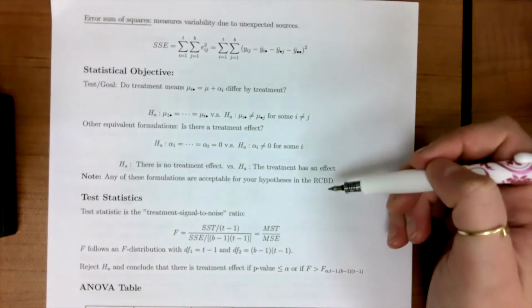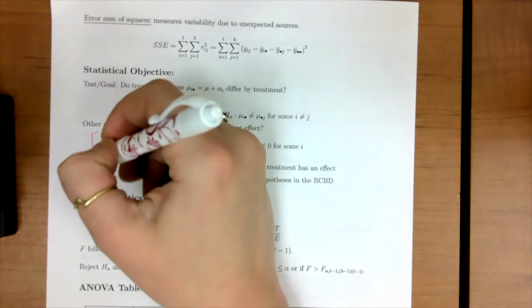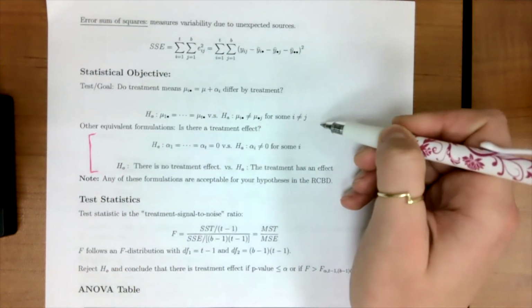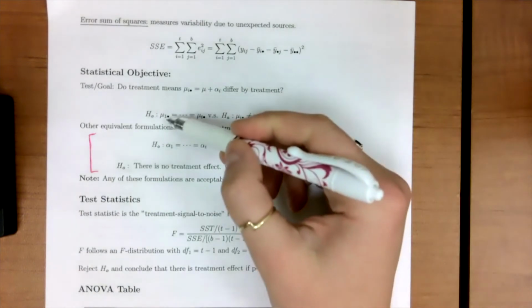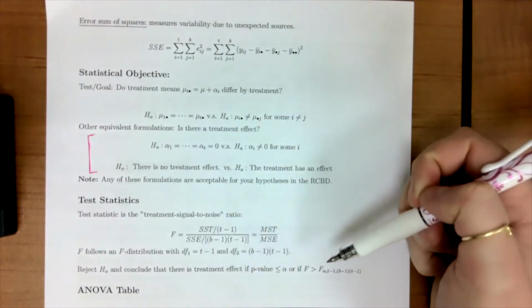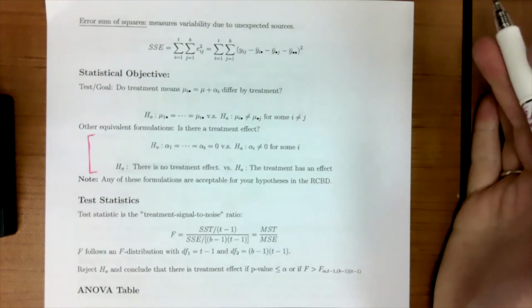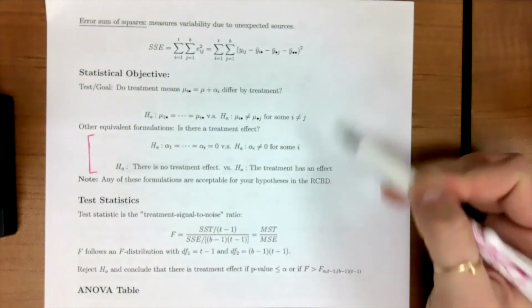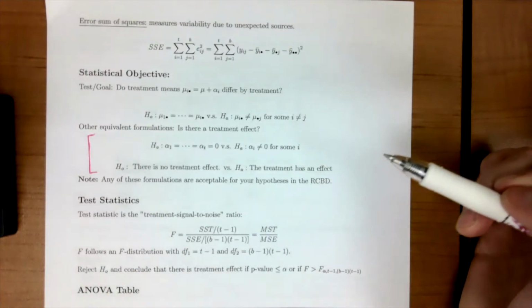Personally, I really like these two better, where this is using the effect, this is using the means model. Sometimes these dots can look cluttered, because we'll get more dots. These two are pretty clean. Again, I'll accept any of these formulations.